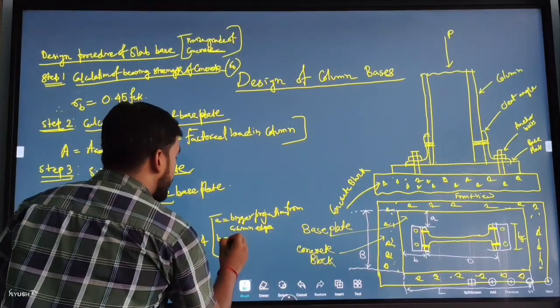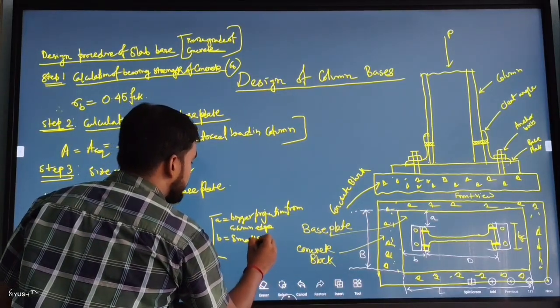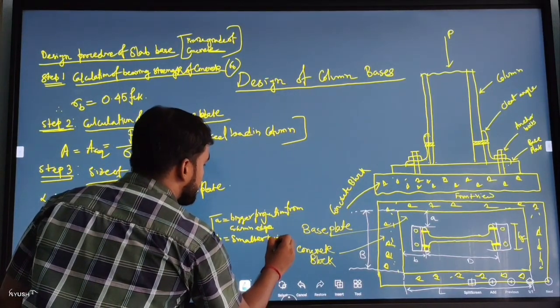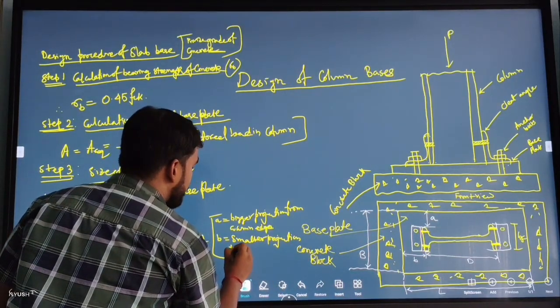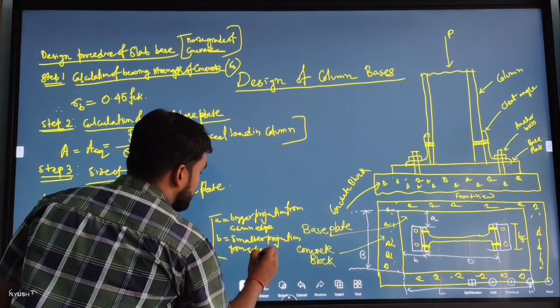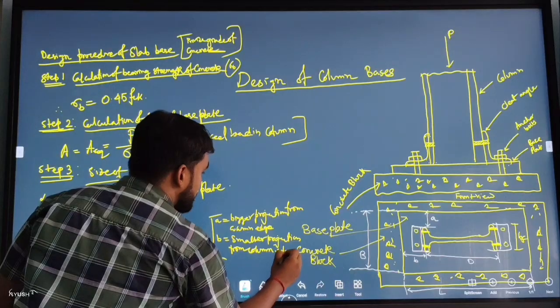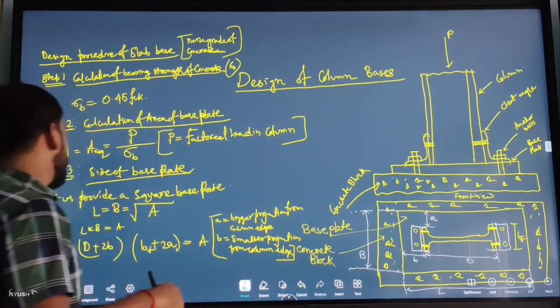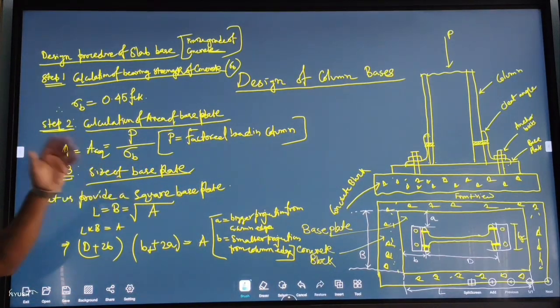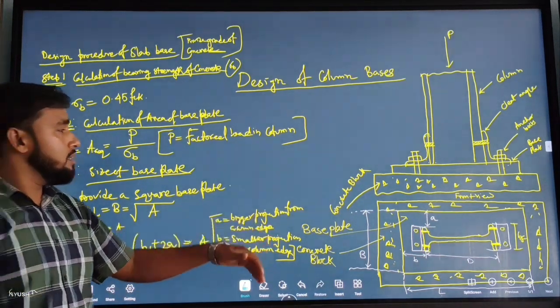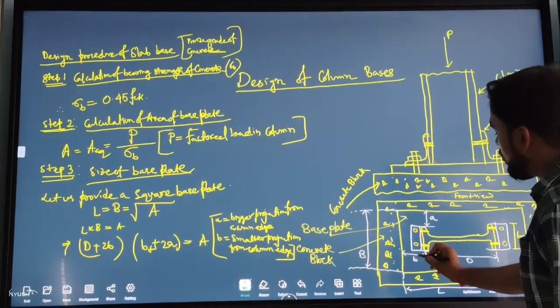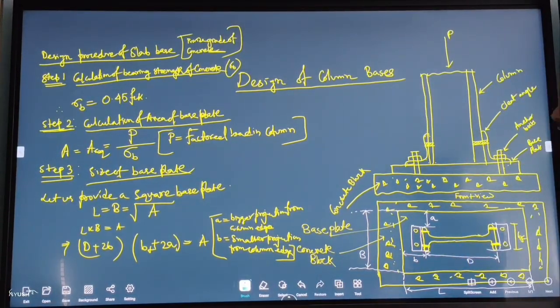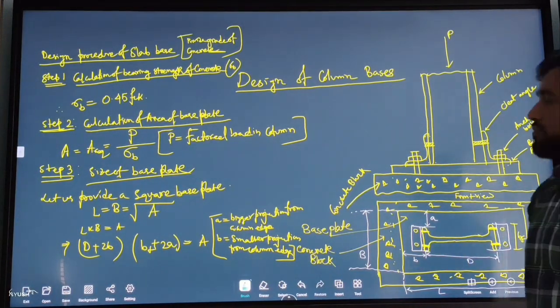Similarly, B is smaller projection from column. A and B are the sides of the base plate. A is the bigger projection from the edge of the column and B is the smaller projection from the edge of the column.